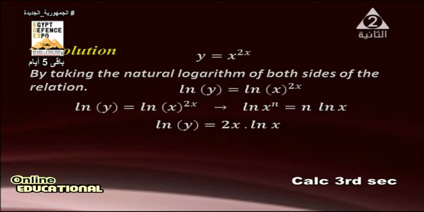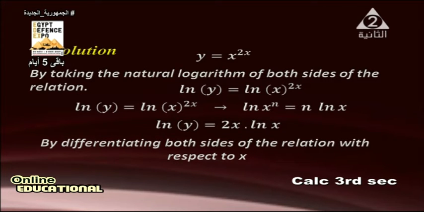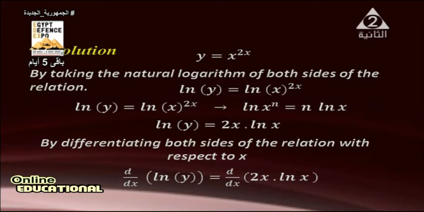Then ln y equals 2x ln x. By differentiating both sides of the relation with respect to the variable x, the derivative of ln y by dx equals derivative of 2x ln x by dx.